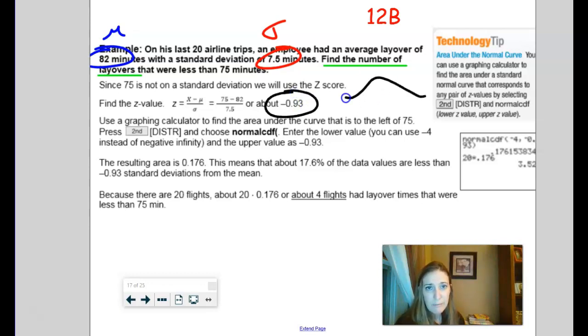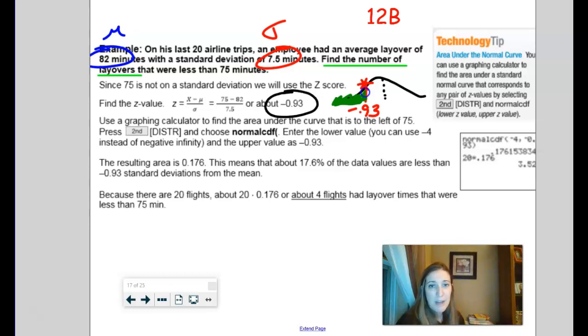If we're thinking a z-score of -0.93, that's almost 1 deviation down. You don't really have to draw this to scale, guys. Clearly I can't draw anything. And they want to know the probability that they were 75 minutes or less. So at this point or lower, they want you to find this probability. Now that's nothing that we can use the empirical rule for unless we were looking for a real horrible estimation.